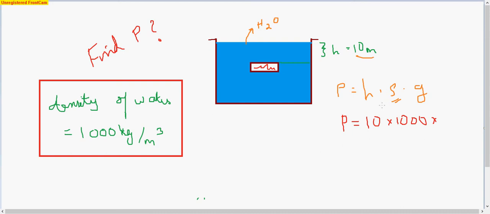So you should consider the density of the thing which is exerting the pressure. Back to our equation, 10 into 1000 into g. Now what is g? Gravitational constant, 9.8 meter per second square. What do you get from here? 98000. Now what is the unit? Is it atmospheric pressure? No, it's Pascal, since Pascal is the SI unit.